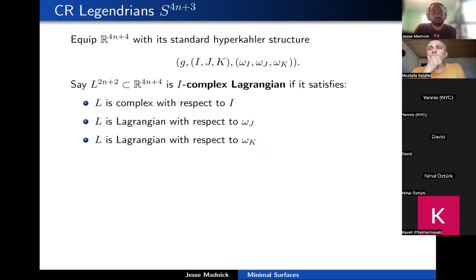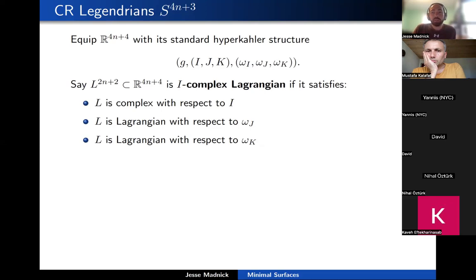So here's how this works. Take R4n plus 4, equip it with its standard hyperkähler structure. So you have the flat metric and I, j, k and the corresponding Kähler forms omega I, omega j, omega k. A 2n plus 2 dimensional submanifold is called I-complex Lagrangian if it is simultaneously complex with respect to I, Lagrangian with respect to omega j, and Lagrangian with respect to omega k.